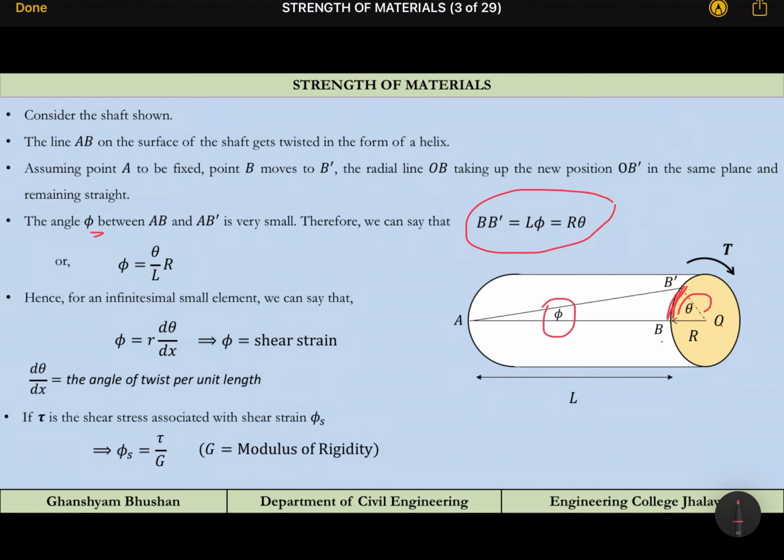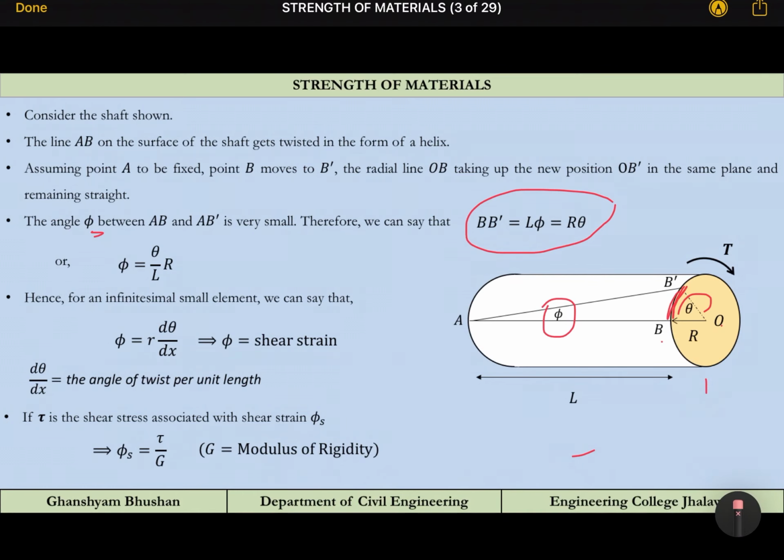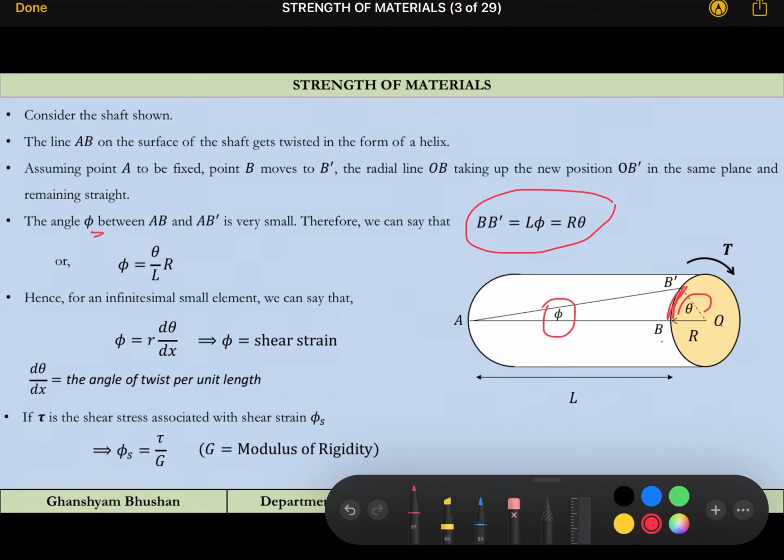So angle phi is between AB and B dash. If theta is very, very small, because this twisting is not going to be 30 or 40 degrees, you will see in the numericals it will be 0.5, 0.05, 0.03 degrees. So it is very, very small. That means phi is nothing but BB dash by L, or you can see from tan phi.